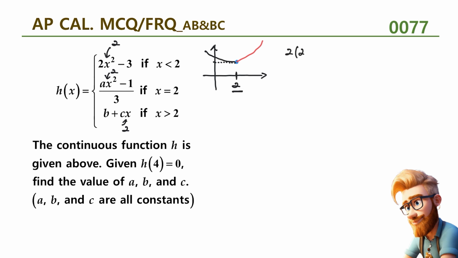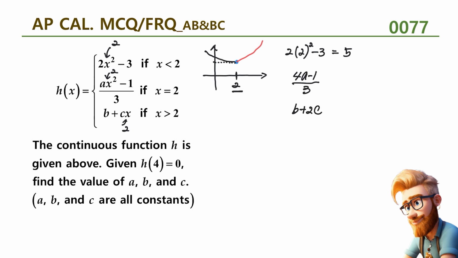2 times 2 squared minus 3. That is equal to 8 minus 3. That's 5, right? Here, if we substitute 2 for x, that's going to be 4a minus 1 over 3. Here, if we substitute 2 for x, we will have b plus 2c.